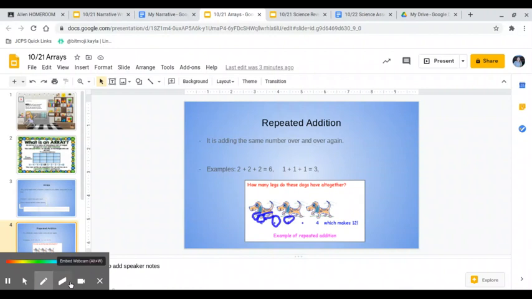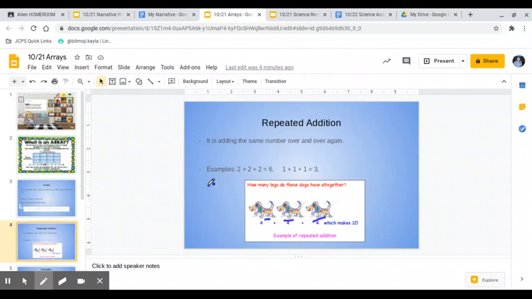Instead of counting every single one of those, it's so much easier to say, okay, I know there are 4 legs on this dog. There are 4 legs on this dog and 4 legs on this dog. So 4 plus 4 plus 4.